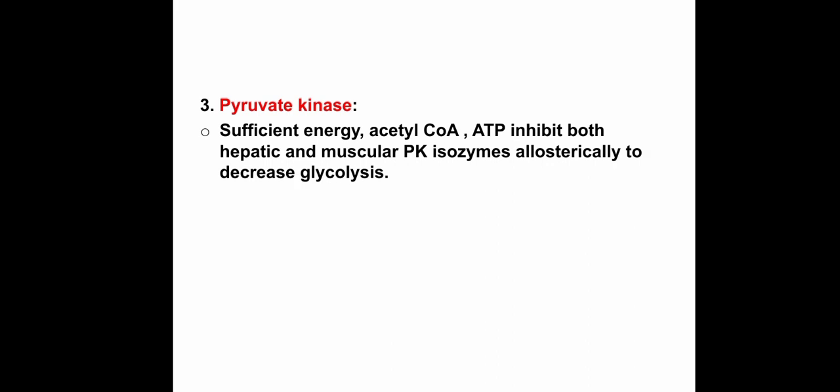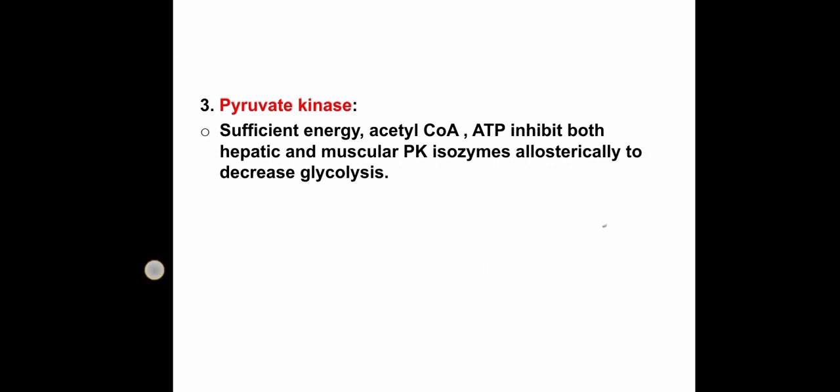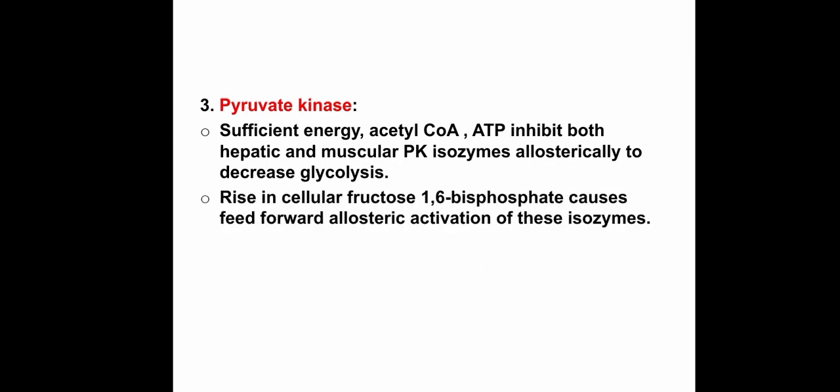All these substances, acetyl CoA, fatty acid, and ATP, cause inhibition of hepatic and muscular pyruvate kinase, but fructose 1,6 bisphosphate causes allosteric activation of this pyruvate kinase. So that is the regulation of pyruvate kinase.